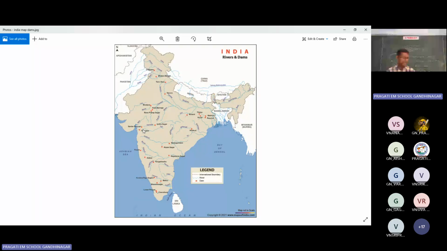Which port handles export of jute goods from India? Kolkata port. Kolkata port is also called a river-based port because it is on the Hooghly River, nearly 140 kilometers away from the sea. That is why it is called a river-based port. Some ports are also in India. Next, what is El Dorado?